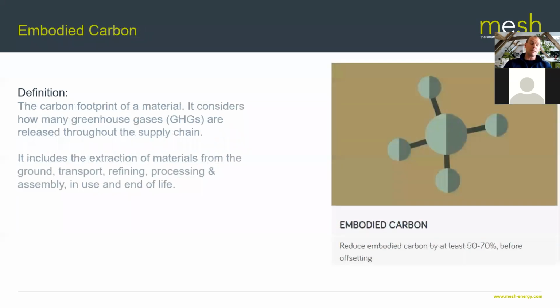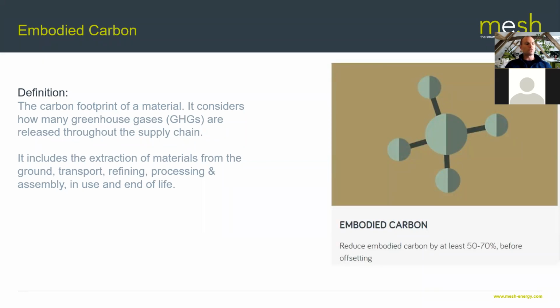Embodied carbon, at a very high level, is the carbon footprint of a material. It considers how many greenhouse gases are released through the supply chain, from extraction through processing, transport, assembly on site, in use and replacement, and then end of life, including recycling and demolition. The RIBA 2030 targets, depending on whether you're going for commercial or domestic, are a reduction of 50 or 70% compared to today's embodied carbon levels.